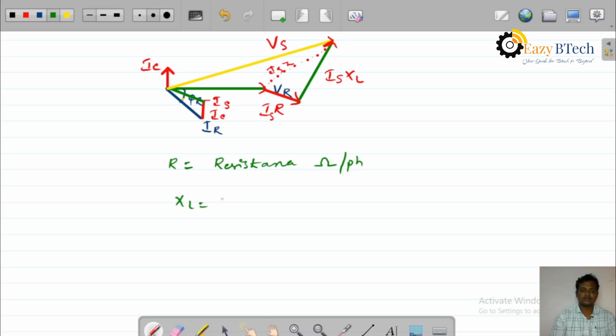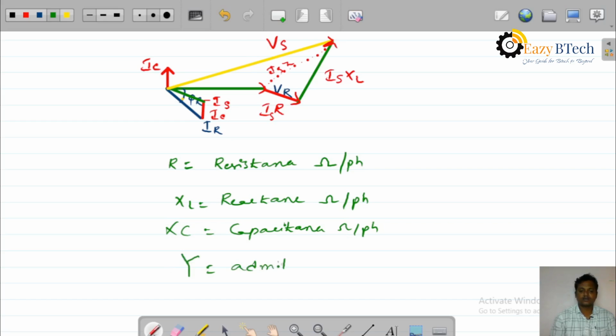XL is the reactance in ohms per phase, and C is the capacitance. XC is the capacitive reactance per phase. In some cases, they give admittance in mho per phase.